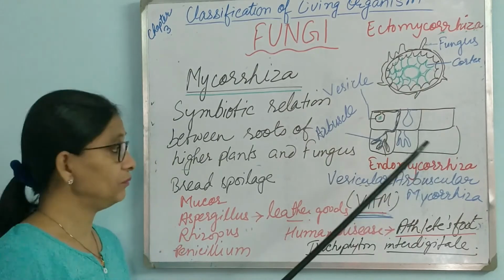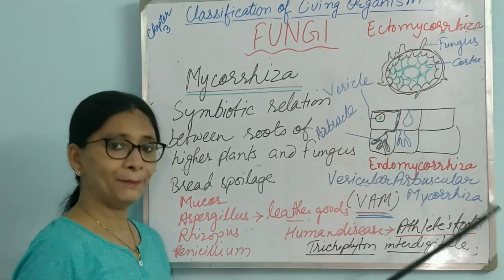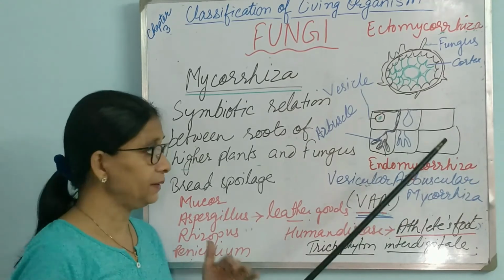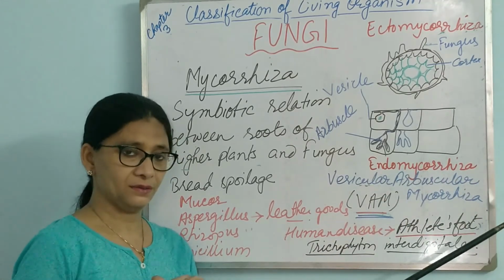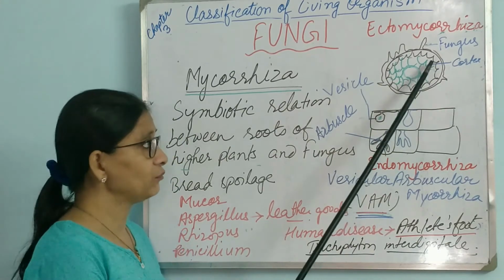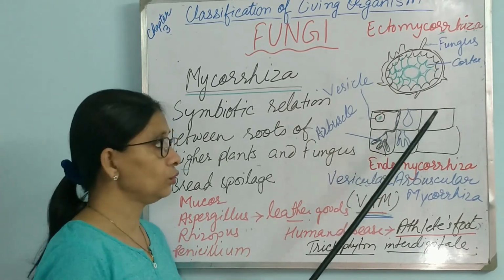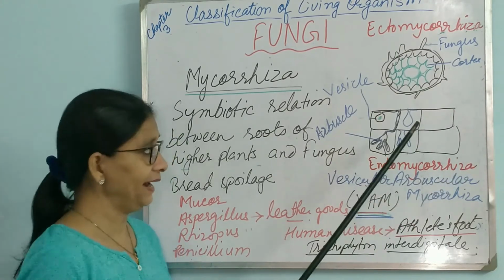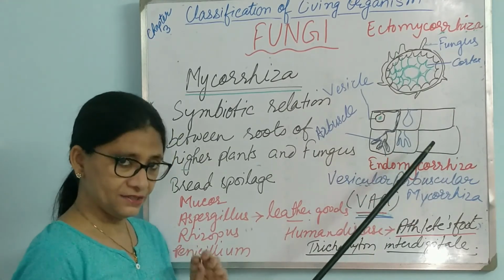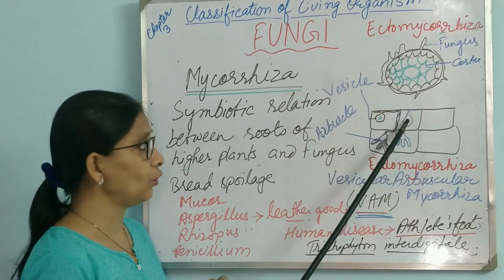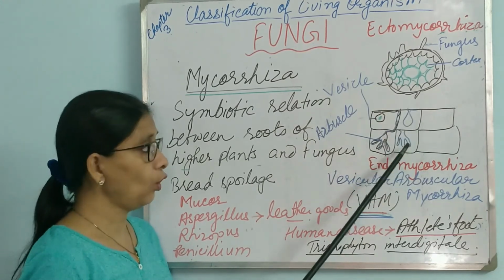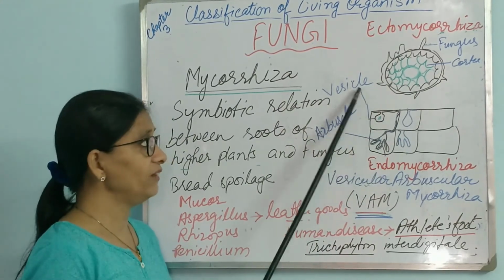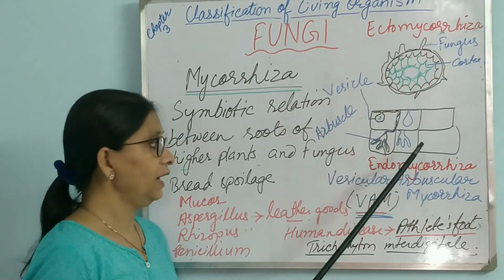Then we have another type which is called endomycorrhiza. What happens here is the hyphae of the fungus penetrate inside the cells, inside the cortex of the root. The hyphae of the fungus will spread inside the cortical cells, penetrate the cells also, and form vesicles and hair-like structures known as arbuscules.